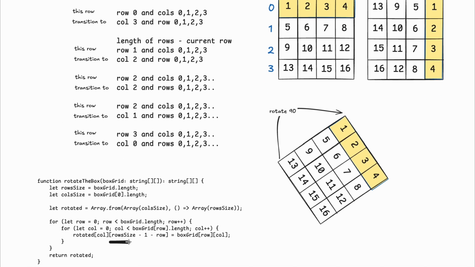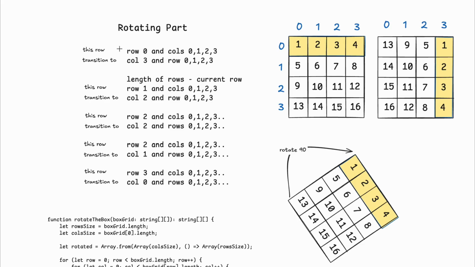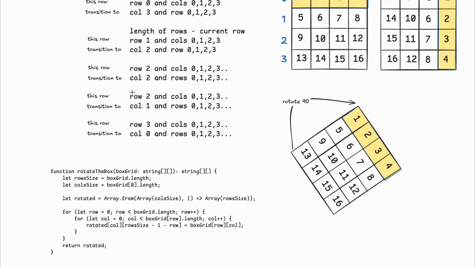We have the maximum row size minus 1, because the index starts with 0, and minus the current row. This formula helps us to find the appropriate coordinate. It might be easy for you, but anyway, it takes time.